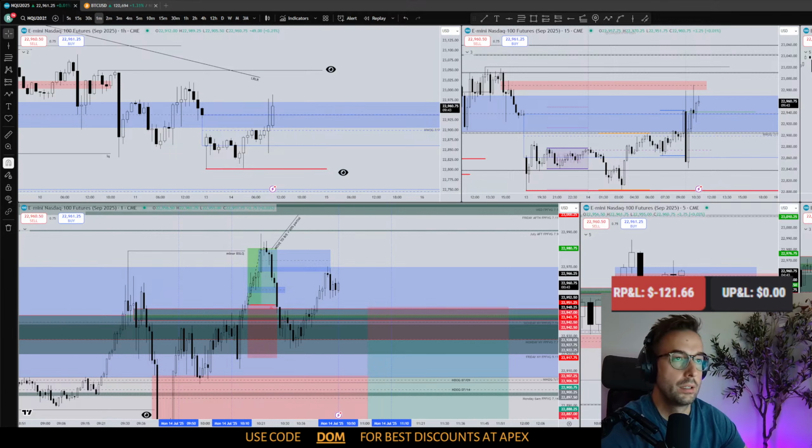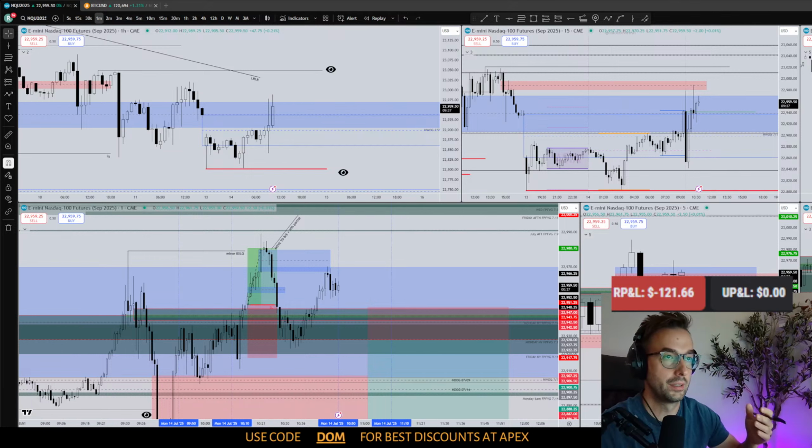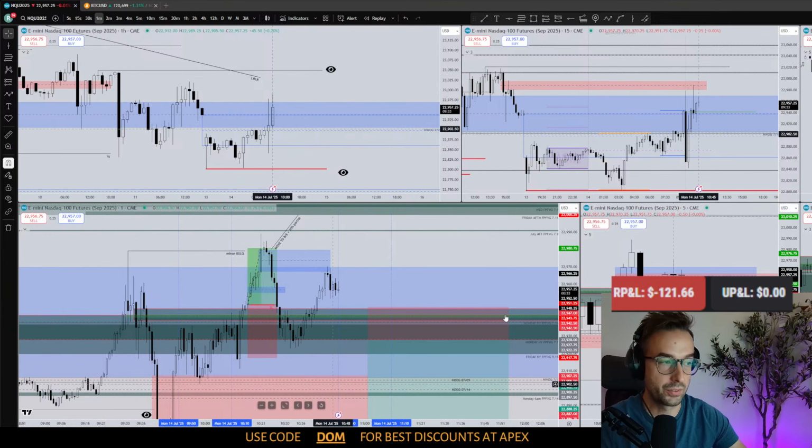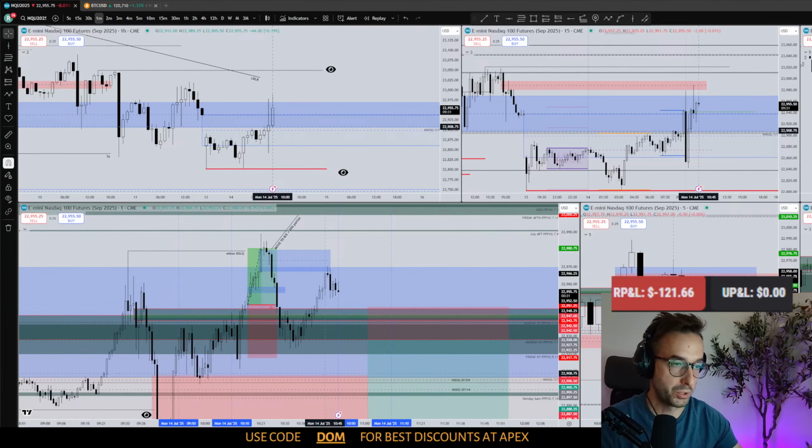What's price going to do here? Higher likeliness of it pushing to one of these two levels that we have marked here. I don't know which one, to be honest. It's 50-50 here. I think it's going to go up and down, but if it is going to go lower, it has to break all these levels first, as I mentioned on the 5-minute chart, before it pushes higher. And I'll be right back.